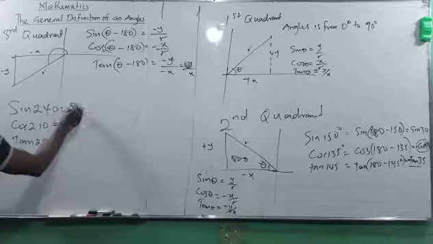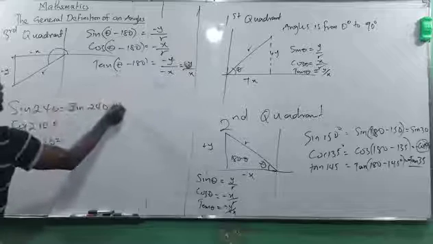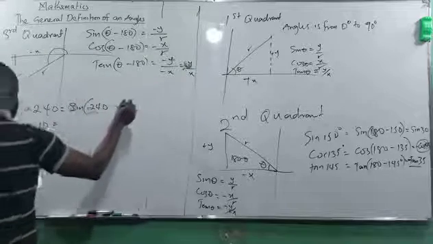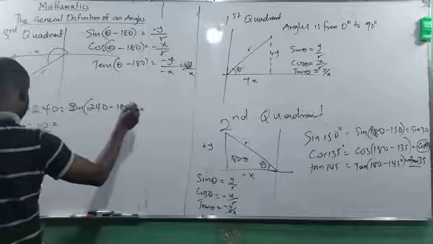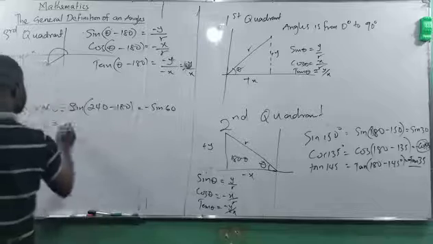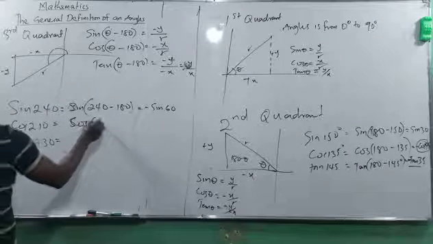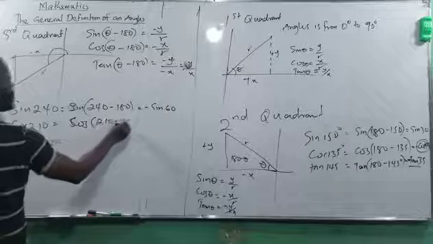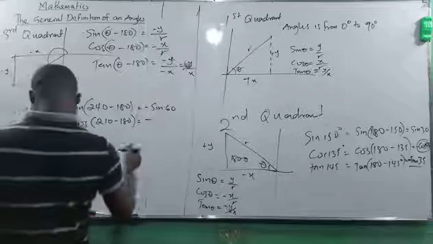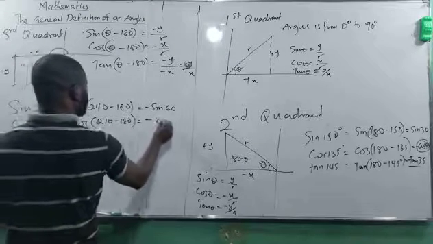It means sine 240, because I've told you that theta minus 180 will be equal to minus sine 60. And cos 210 minus 180 is equal to minus cos 30.